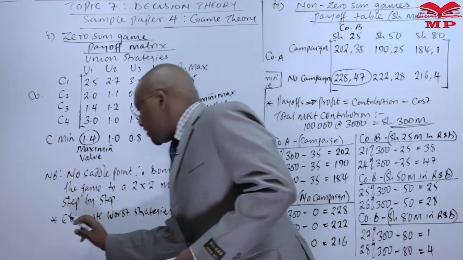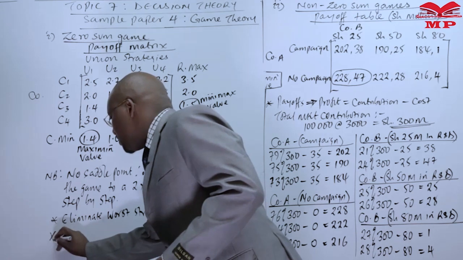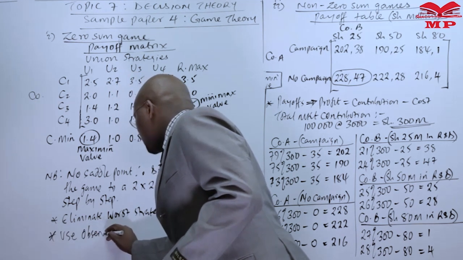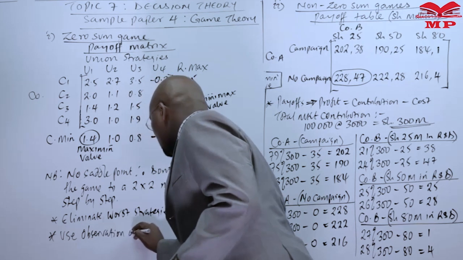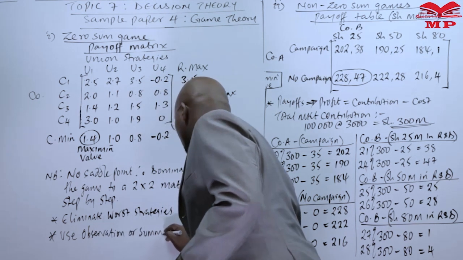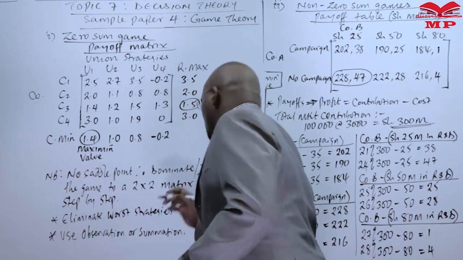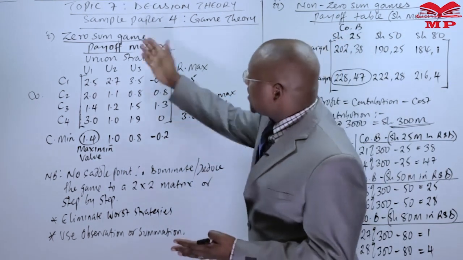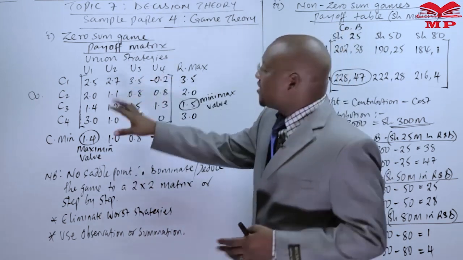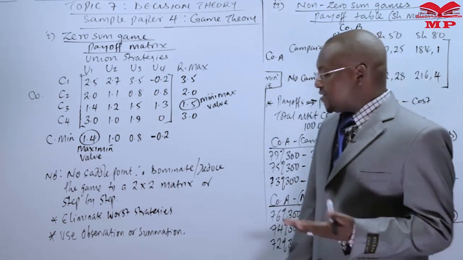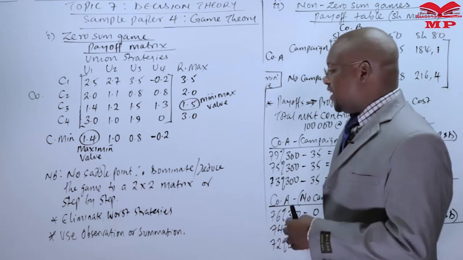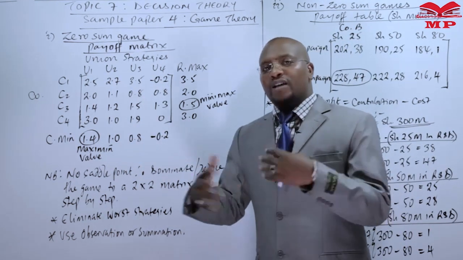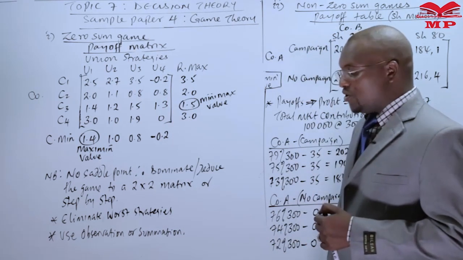Another thing to note is that we can use either observation or summation. What I mean by this is you just observe and look at the worst row or the worst column of these players, and if that becomes tricky, then we need to sum. We sum up, we add across and downwards, and then we eliminate the one that we consider the worst.